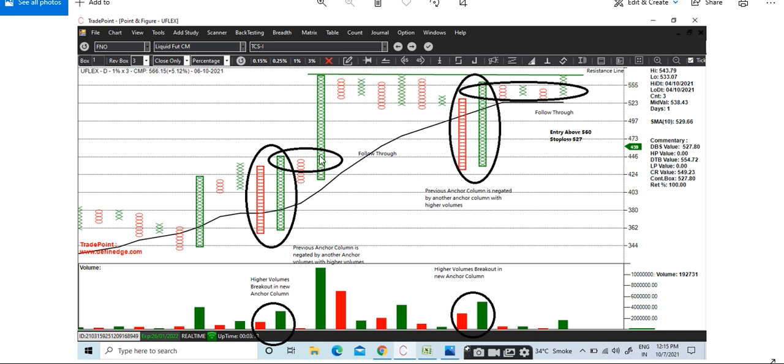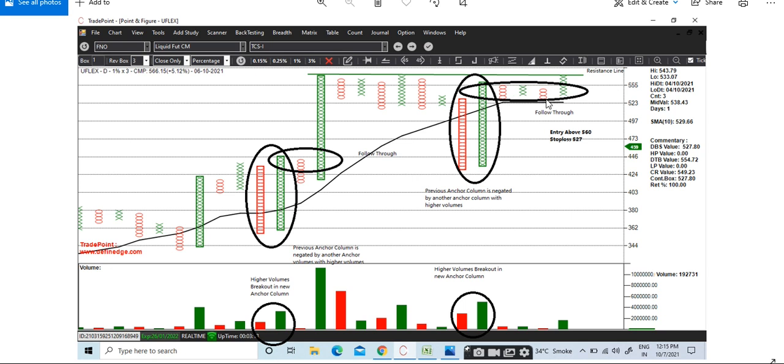The only thing is that the follow through did not happen in the immediate column of X, but it happened in the next column of X, which is also okay. So this is kind of a variation. If you get such a setup, beautiful, nothing like it. But even this could do, right? If you merge these columns, it's the same, right?